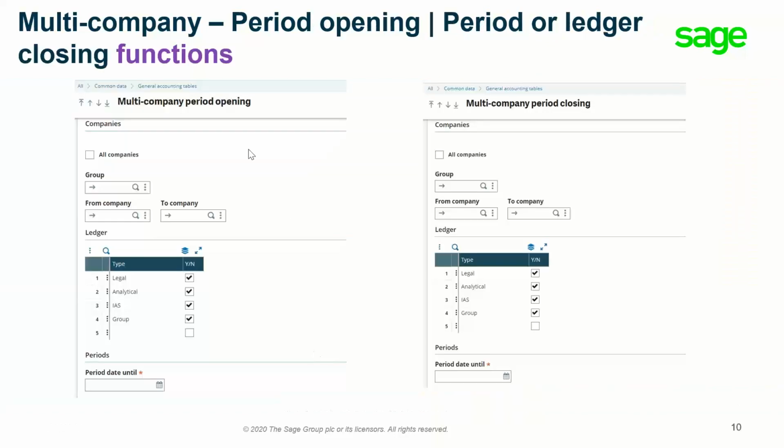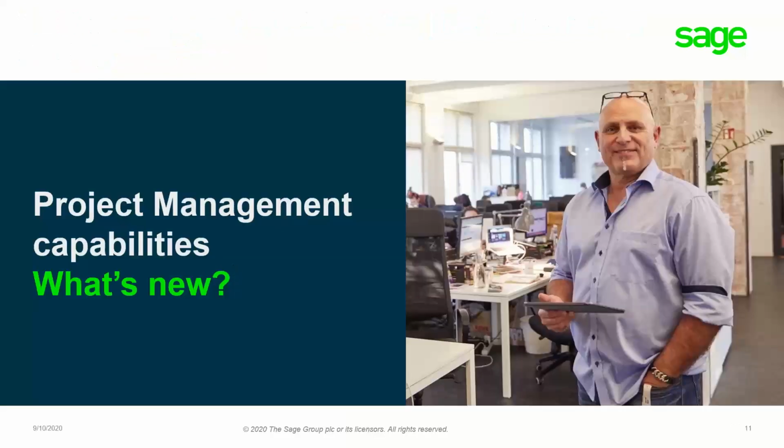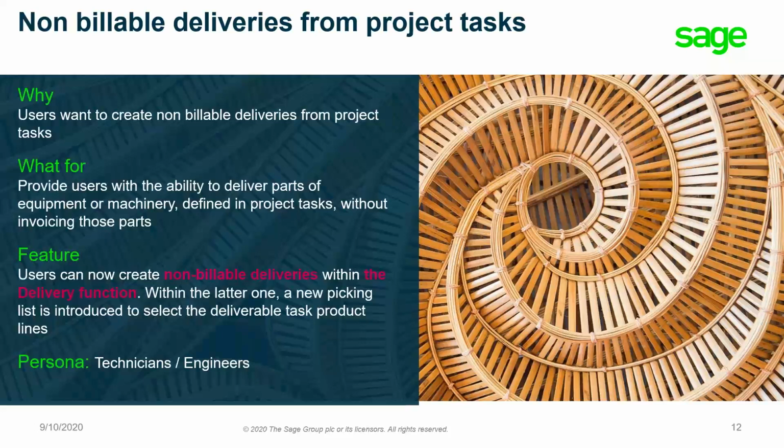Here on the screen, you see the two brand new functions in the common data module. It's very easy to use. When you launch the multi-company period opening and closing, you have to key in the criteria based on your needs.